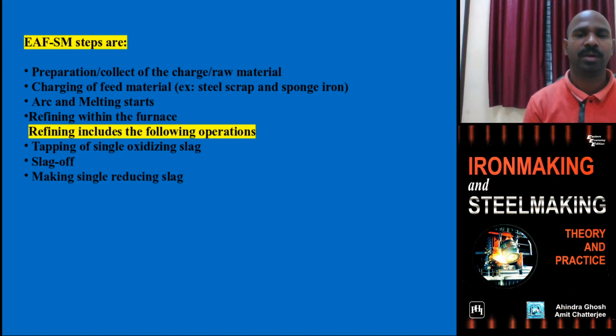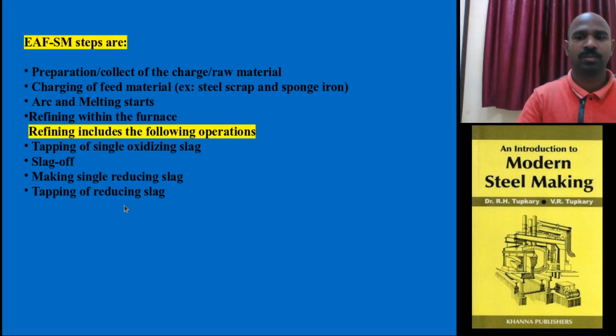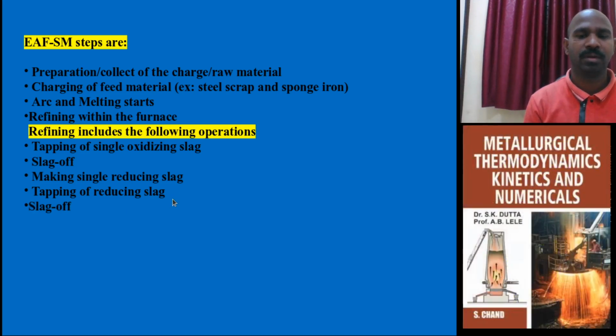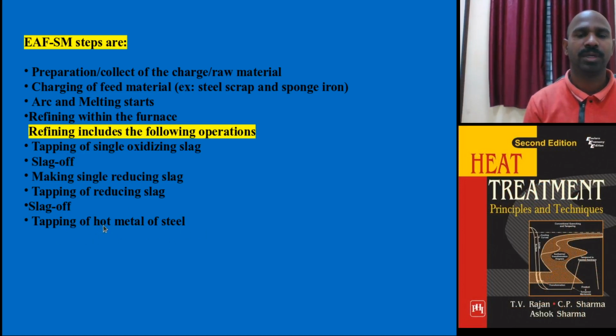The oxidizing slag is for the removal of phosphorus, and this reducing slag is for the removal of sulfur. Tap out that reducing slag and stop the slag. There will be a 1 hour difference between these two operations. Finally, this slag is removed completely. Then you go for tapping of the hot metal steel.